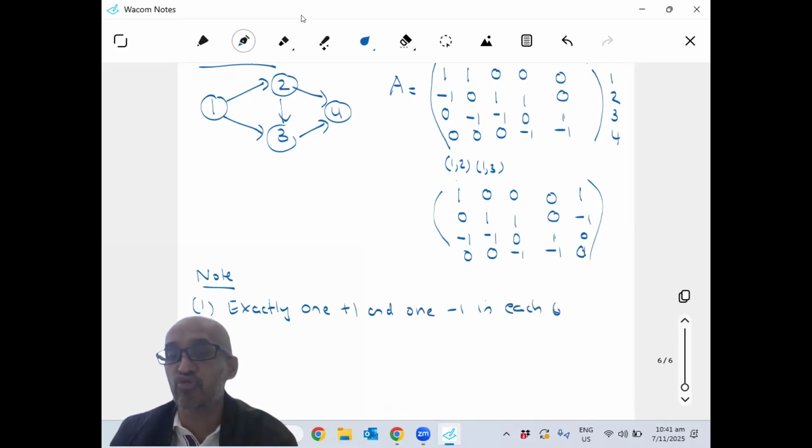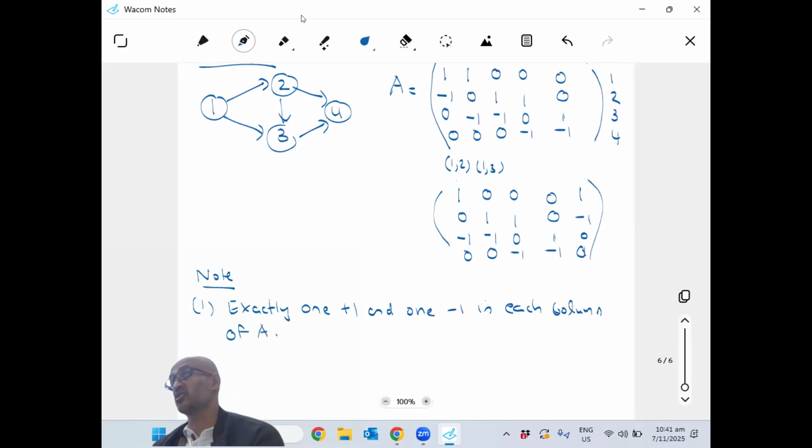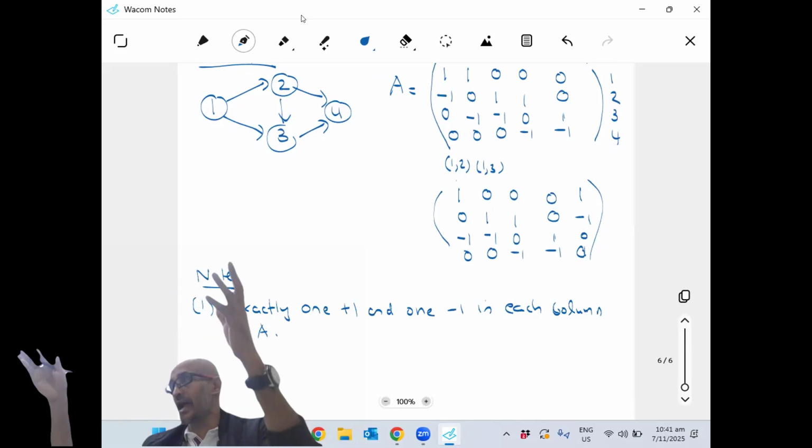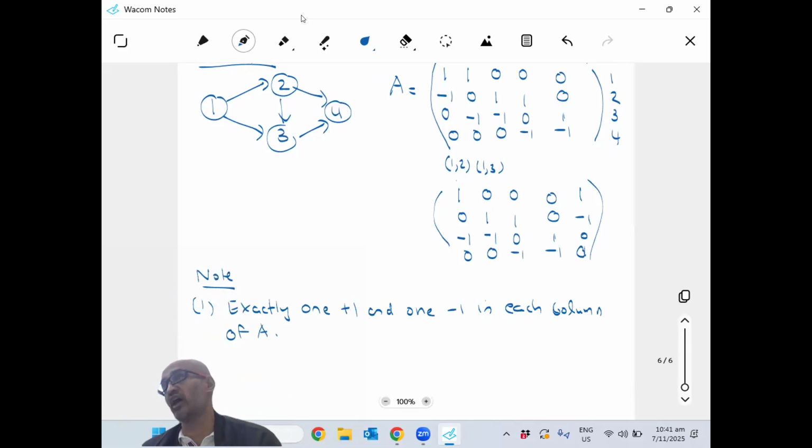This has to be the case in the incidence matrix. This is not true for general LPs, but it comes from the network structure. All other entries are 0, so it'll be a relatively sparse matrix in general. With n times m entries, there'll be quite a few zeros.